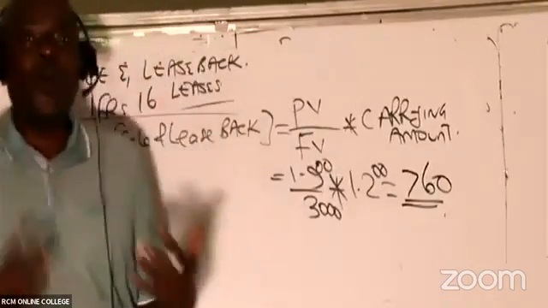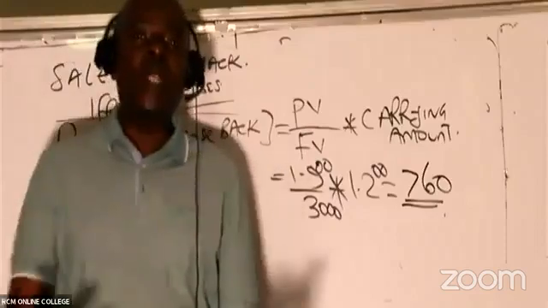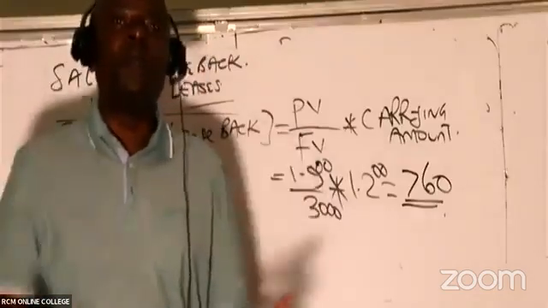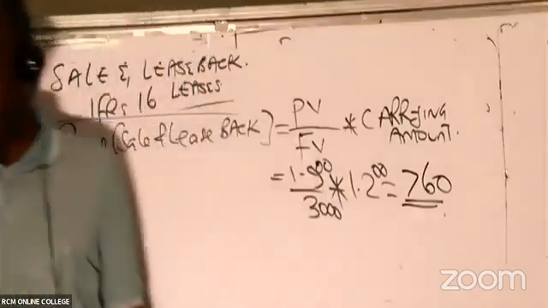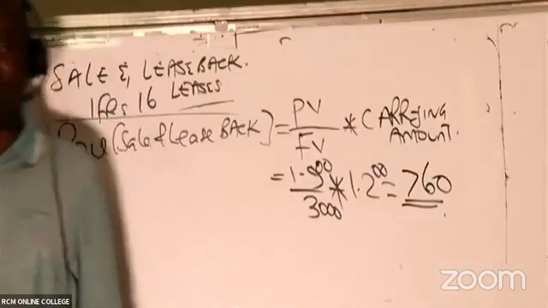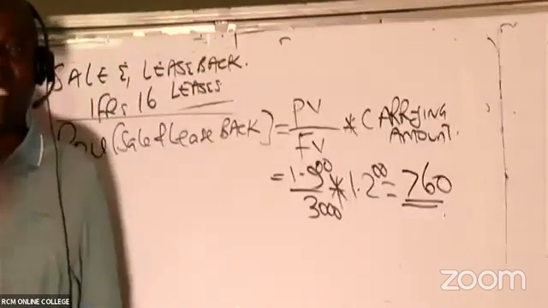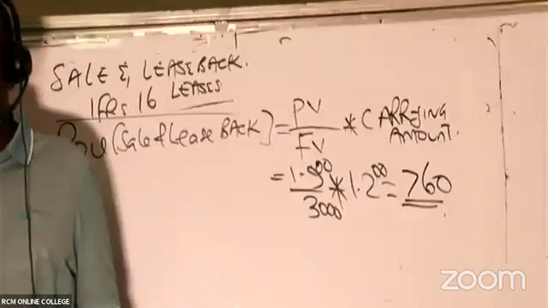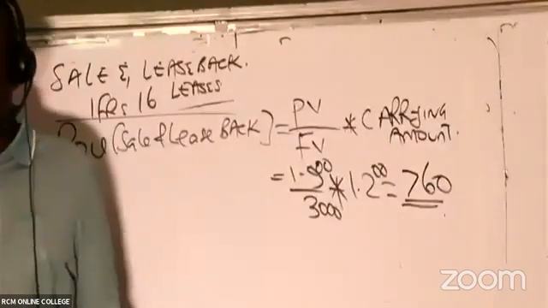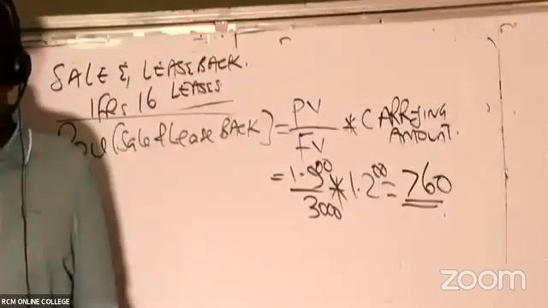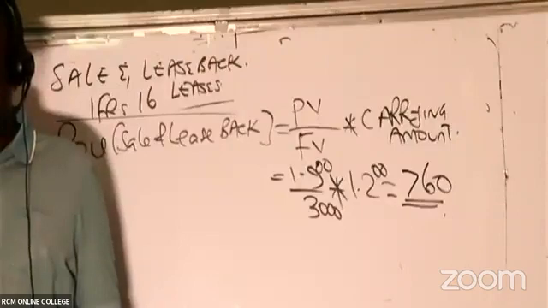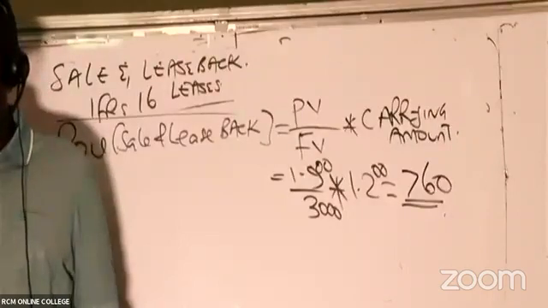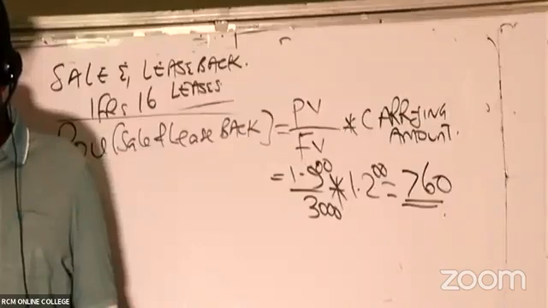Now, you experts, can you kindly go ahead and give me the journal entries here? Remember, you're looking at this as the lessee. The lessee is the one who has the right of use, which is an asset. Please give me the double entries there. Very interesting stuff.